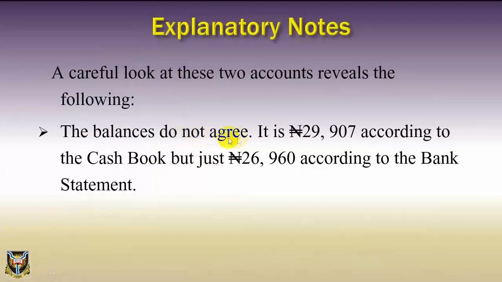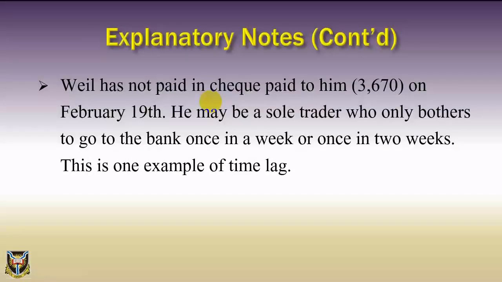A. The balances do not agree. It is 29,907 Naira according to the cash book, but just 26,960 Naira according to the bank statement. B. C. Whale has not paid in the check paid to him, 3,670 on February 19th. He may be a sole trader who only bothers to go to the bank once in a week or once in 2 weeks.